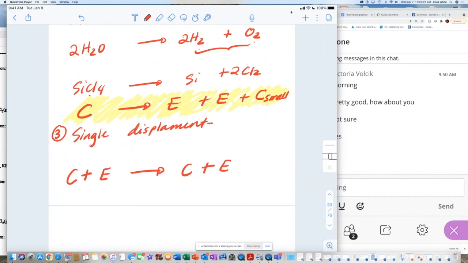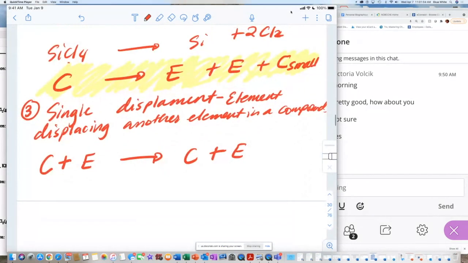In single displacement, what we see here is an element displacing another element in a compound.